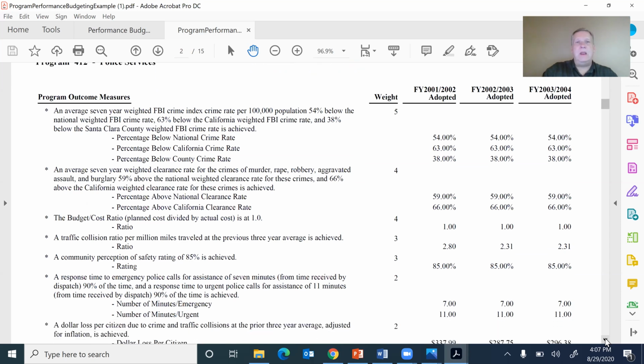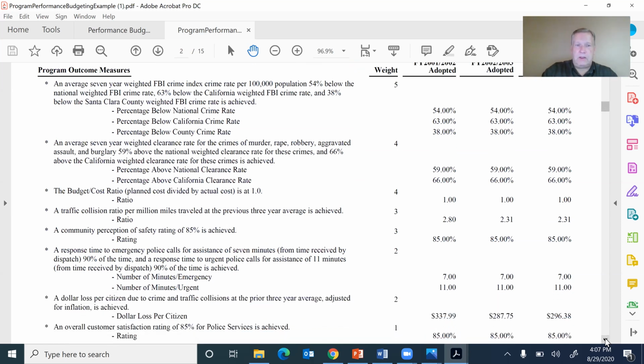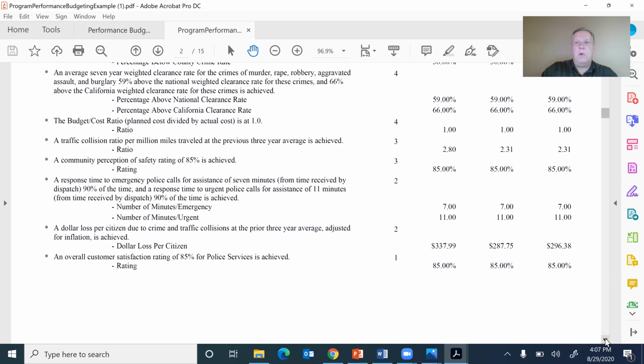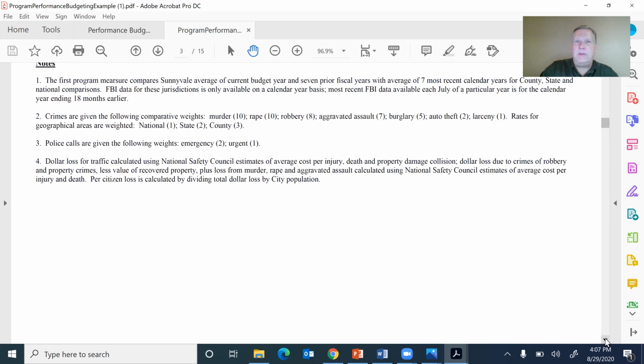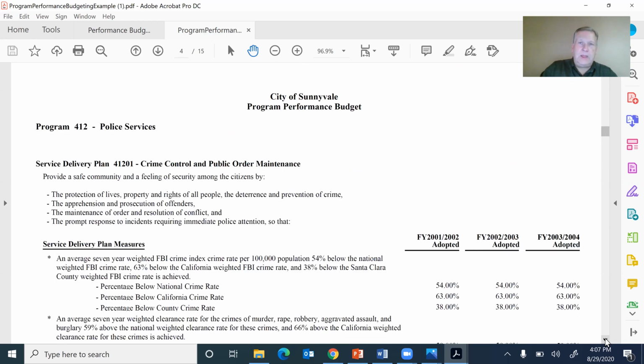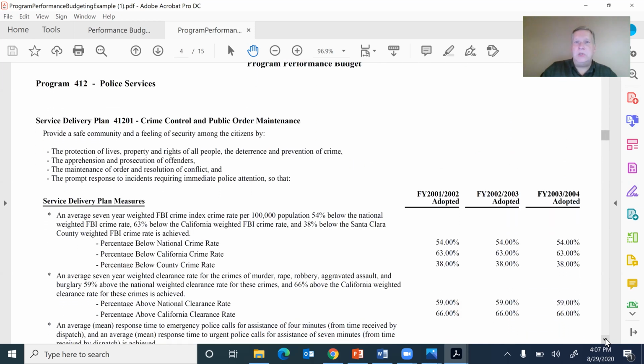Response times, you can see all the different outcome measures that we are trying to achieve. So what we are doing here is combining this program approach, because we're budgeting around the program of police services, but we are also including performance expectations so that we know whether or not we are achieving performance levels that we want to achieve.